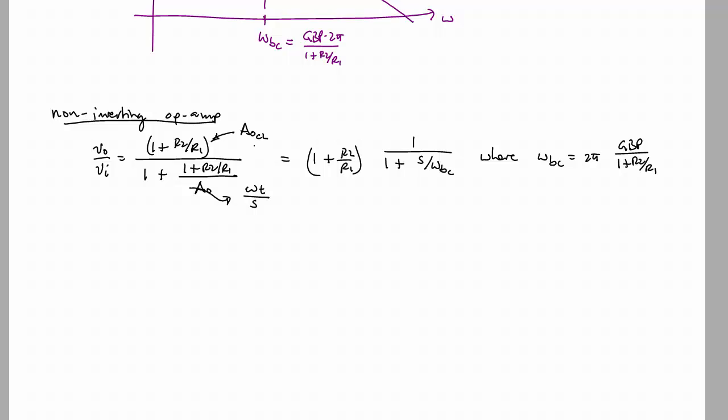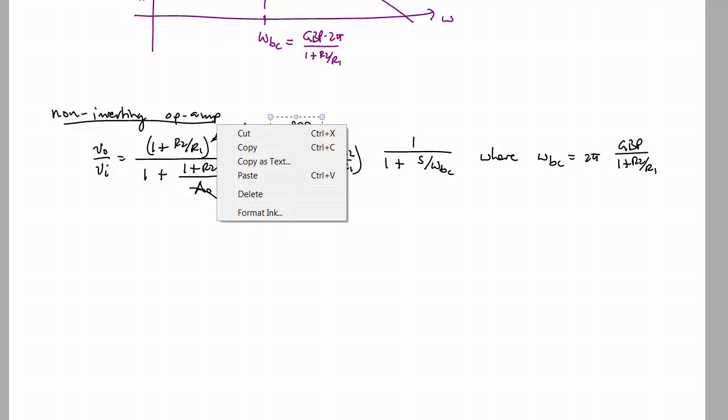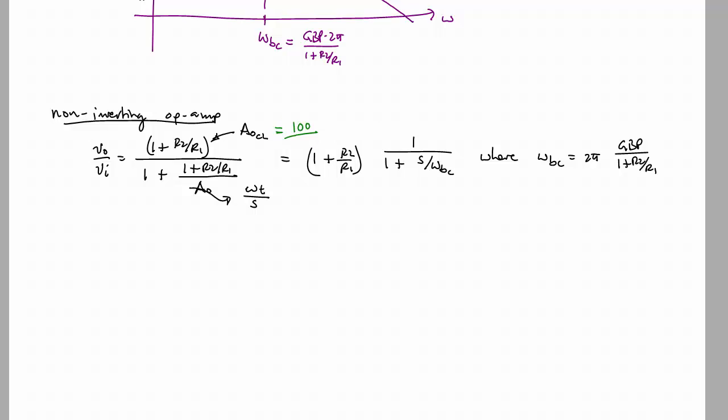Okay, so the initial, and let's suppose that that gain was set to be equal to 100, as an example here. And suppose that our gain bandwidth product was equal to 1 megahertz, 10 to the 6 hertz.